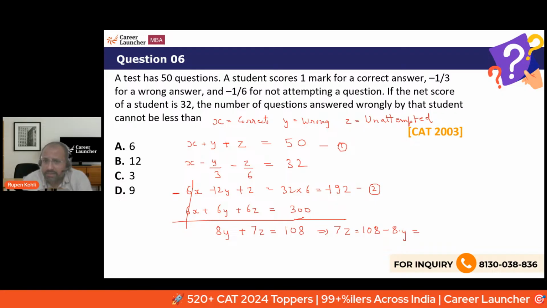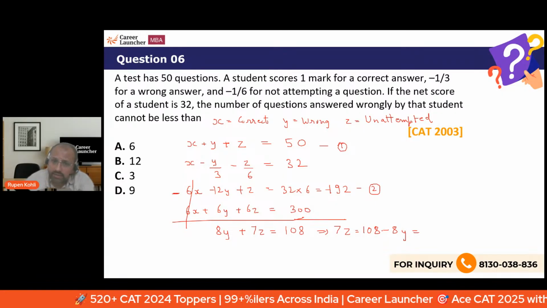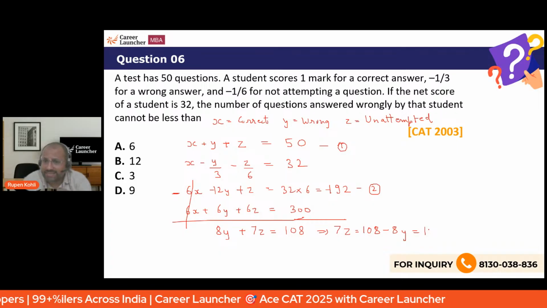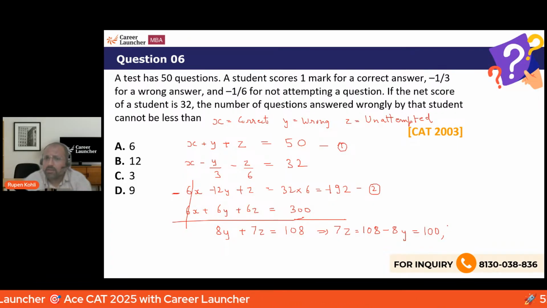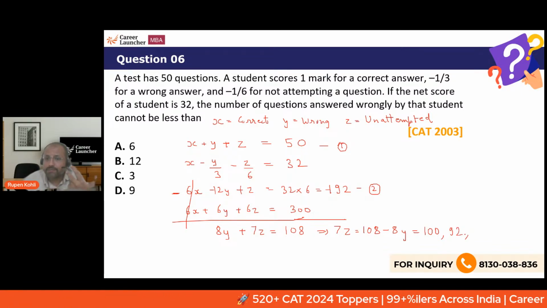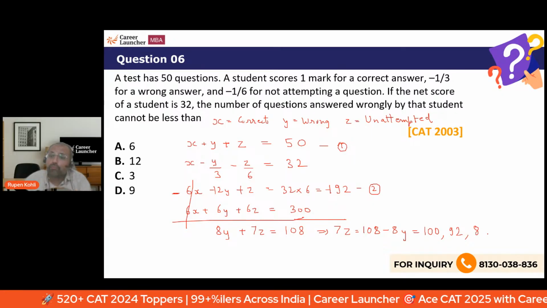So I have to keep on subtracting multiples of 8 from 108 such that I lead to a multiple of 7. 108 minus 8 is 100. It's not a multiple of 7. So I keep on subtracting 8. Again minus 8, I land up at 92. It's again not a multiple of 7, right? Keep on subtracting 8. 92 minus 8, 84.